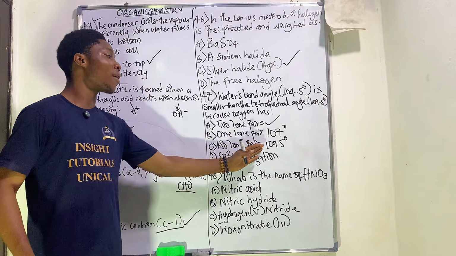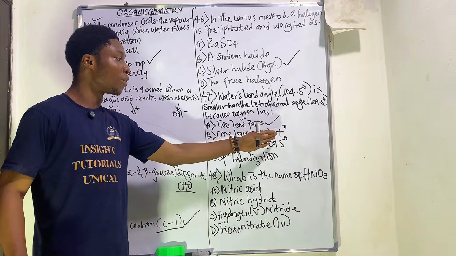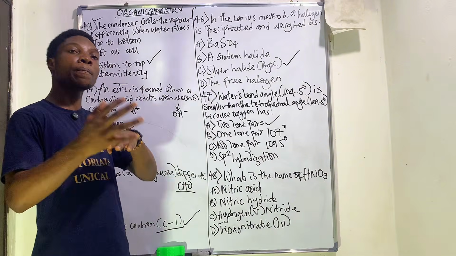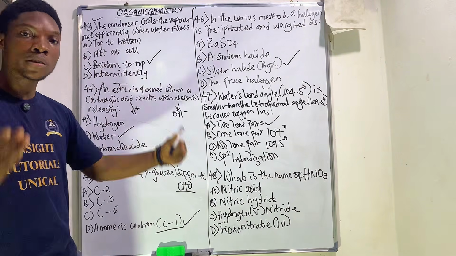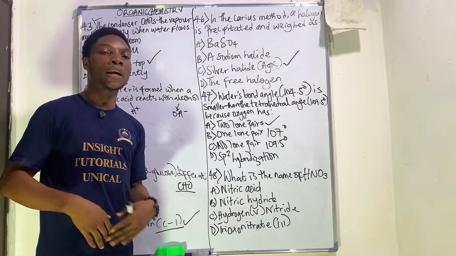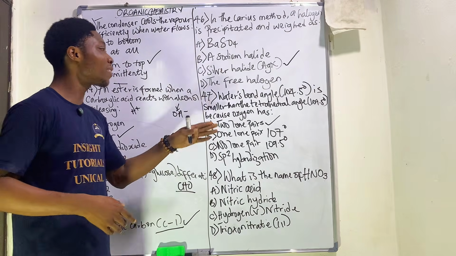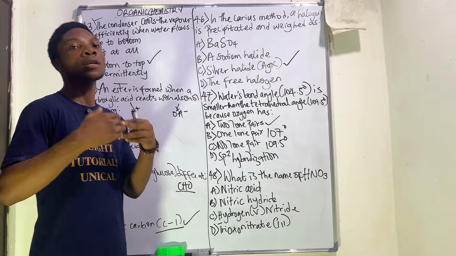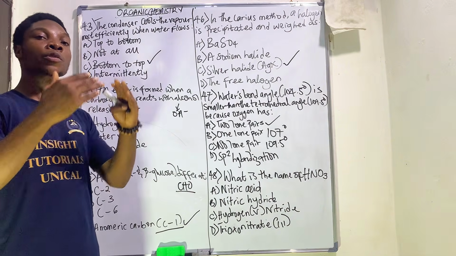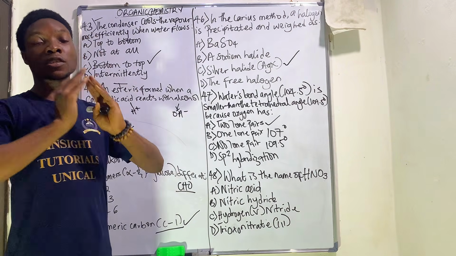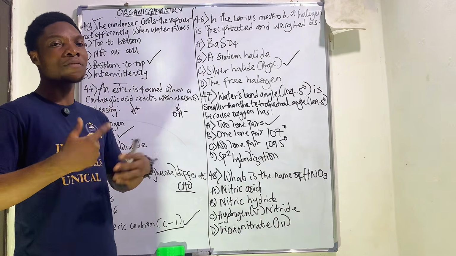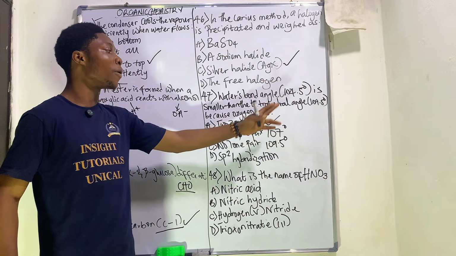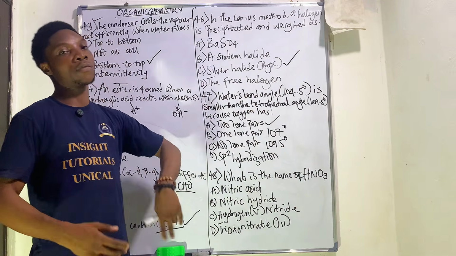So no lone pairs will have a bond angle of 109.5 degrees. So you can see that as the lone pairs decrease, the bond angle increases. All right, sp2 hybridization is not the correct answer because water is sp3 hybridized. It's just that the presence of lone pairs will reduce the angle, but you can see that the difference is not that much. We have 104.5 degrees to 109.5 degrees.